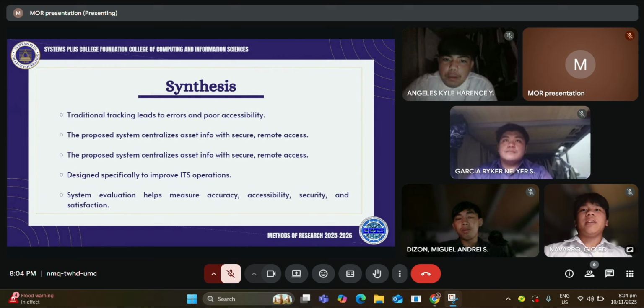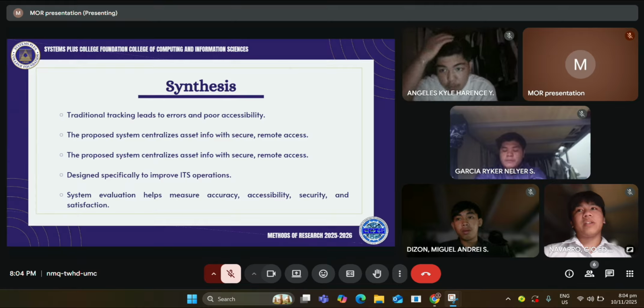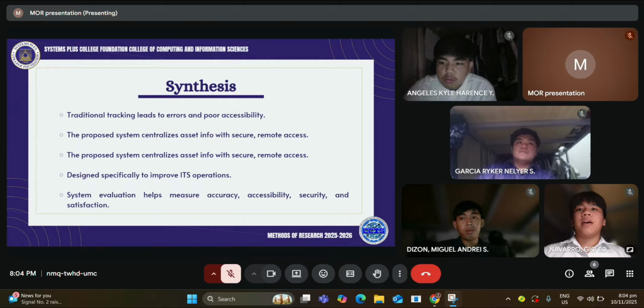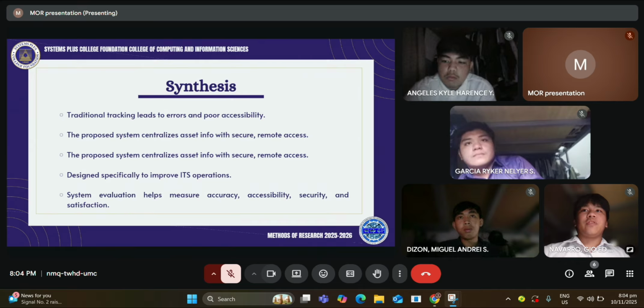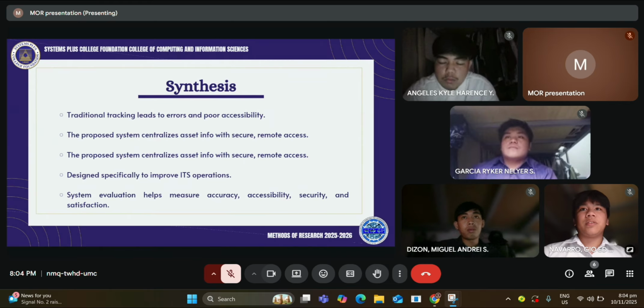the old way is the traditional tracking method, which causes mistakes and makes it hard to find or access information. The new system which we propose centralizes asset information with security and can be accessed remotely. The next one is the proposed system's centralized assets.